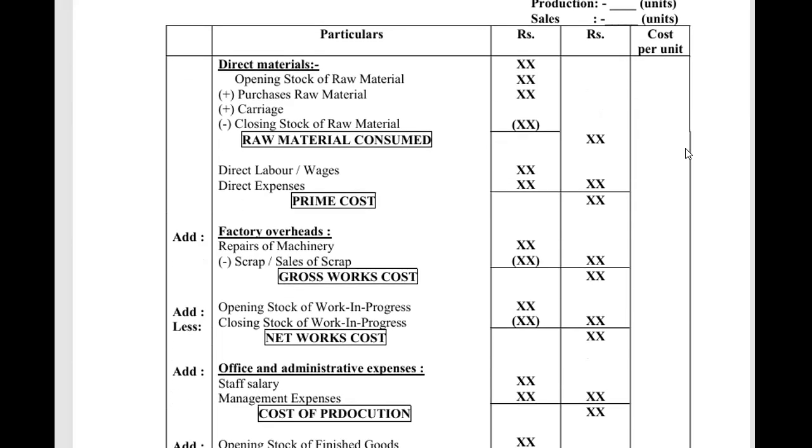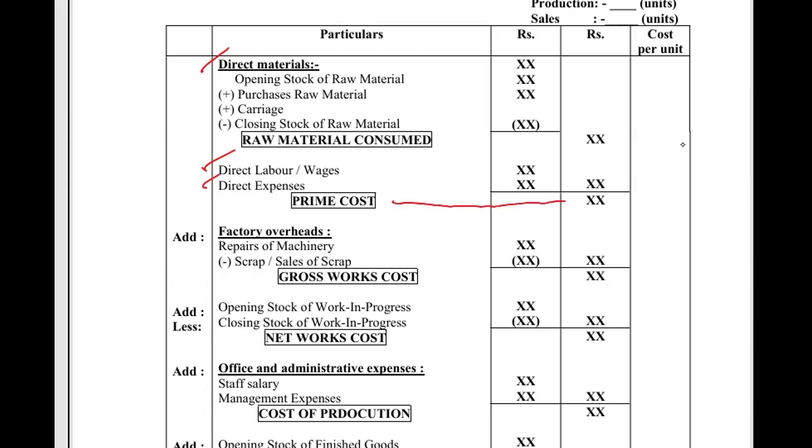What are the main concepts? First is direct material, second is direct labor, and third is direct expenses. These three figures combined together will be called the prime cost: direct material plus direct labor and direct expenses.